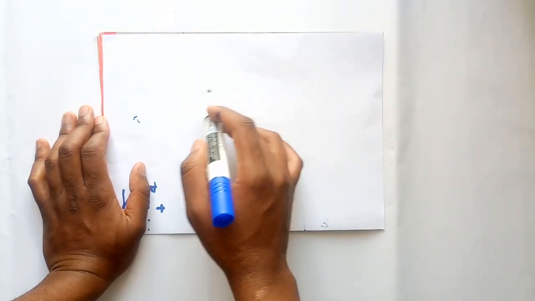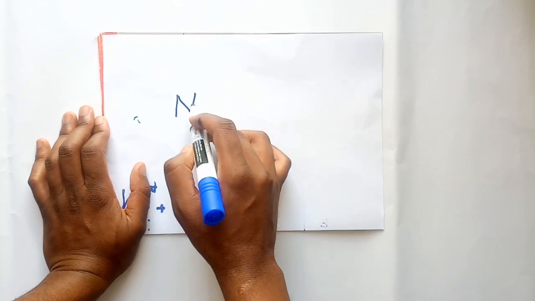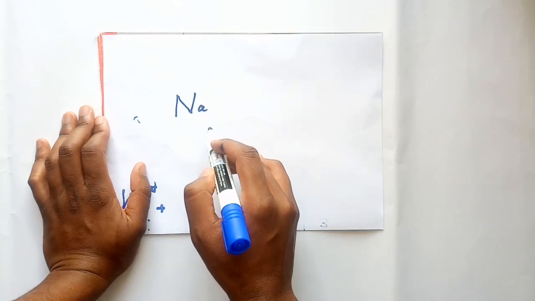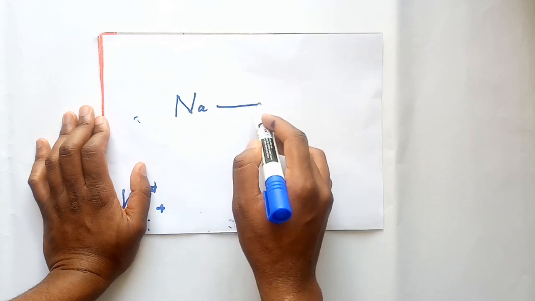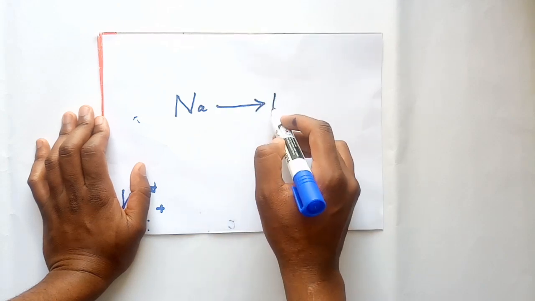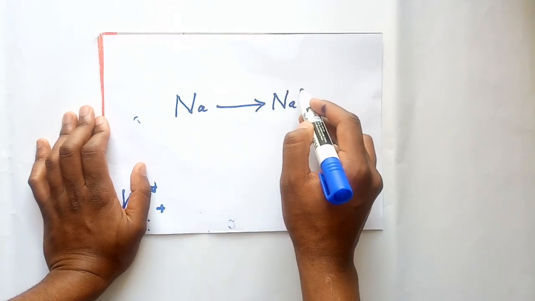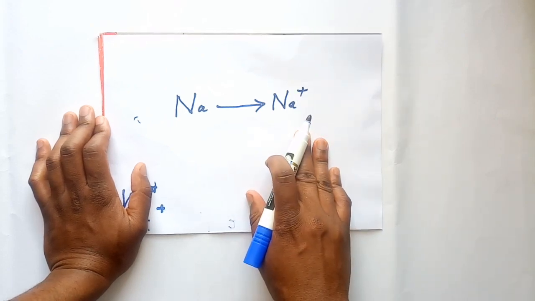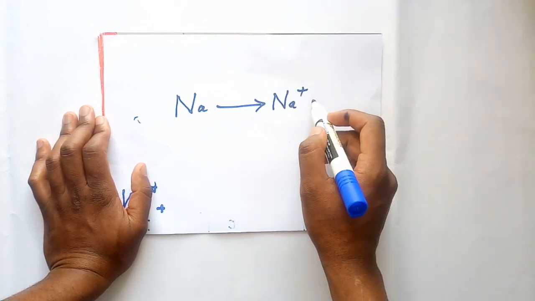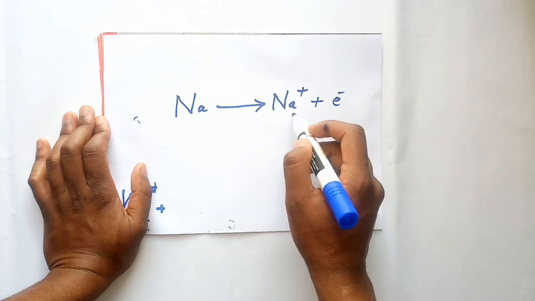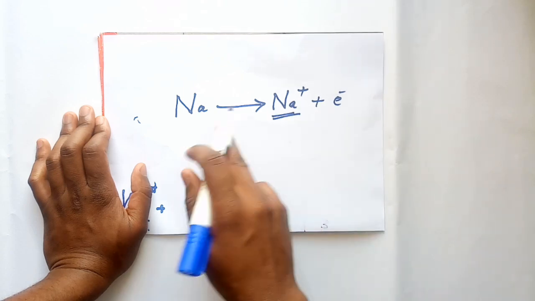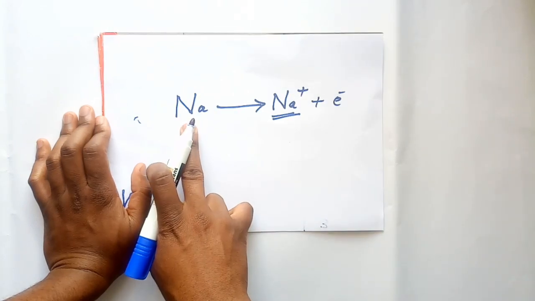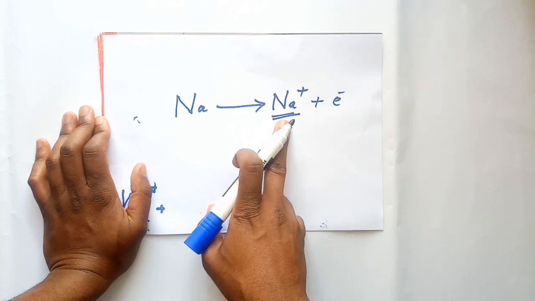For example, if sodium was to form an ion, sodium forms an ion by losing one electron. When one electron is lost, a positive charge is acquired by the sodium ion. Now, this is only a sodium atom forming a sodium ion.